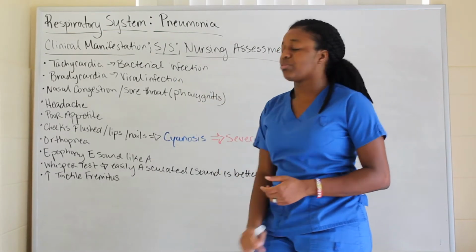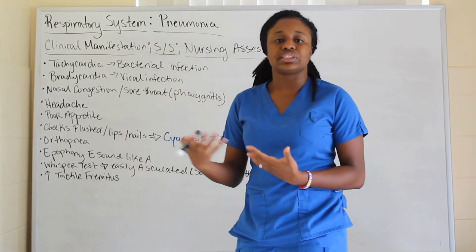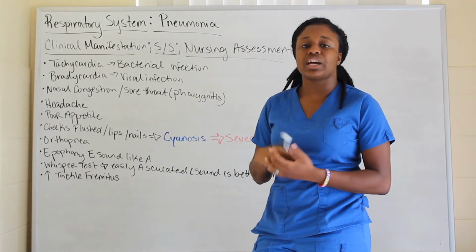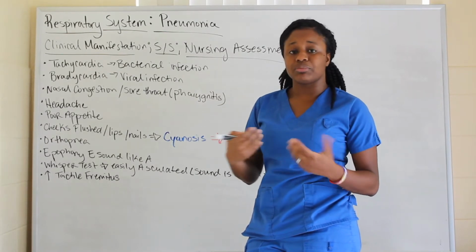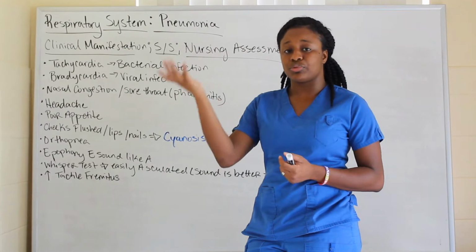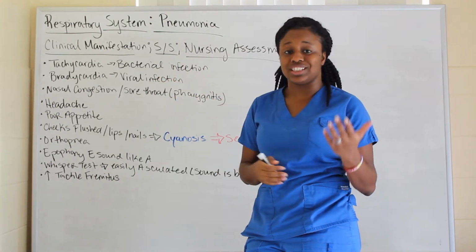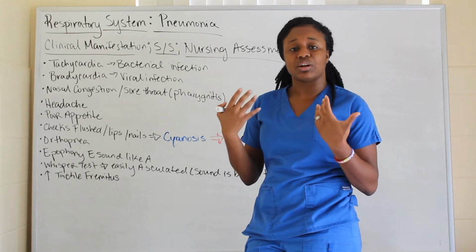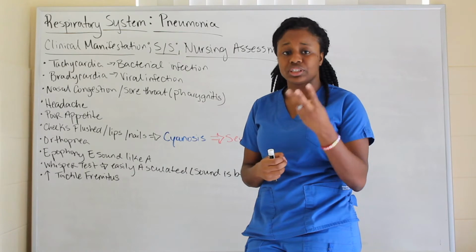One thing I want you guys to remember: with almost every respiratory problem or disorder or disease, poor appetite is going to be one of the signs and symptoms that you are going to see. Because think about it, if you have the option to breathe or to eat, most people are going to breathe rather than eat. It's almost like remembering your ABCs: airway, breathing, and circulation.